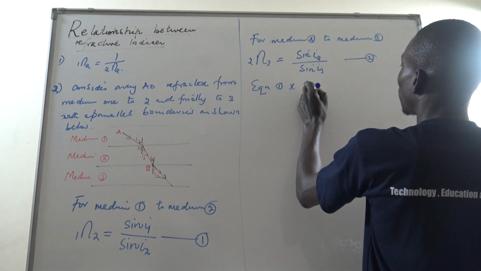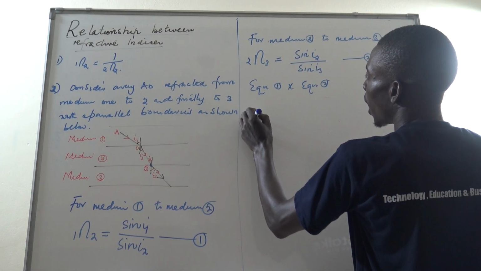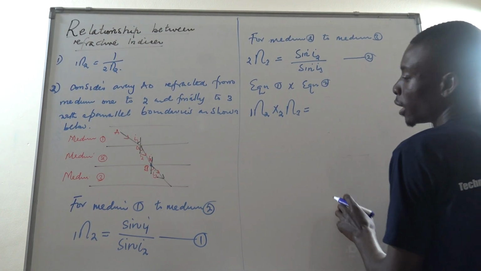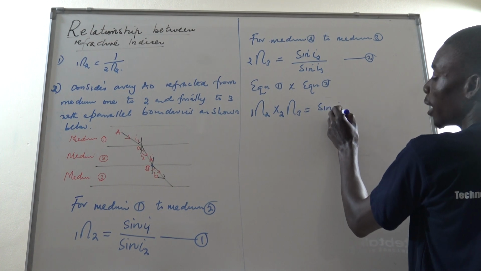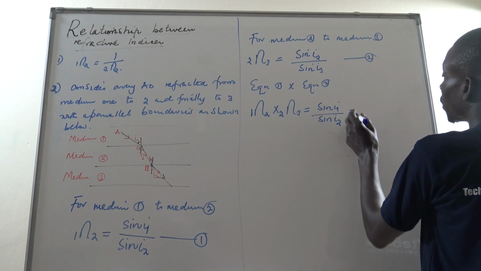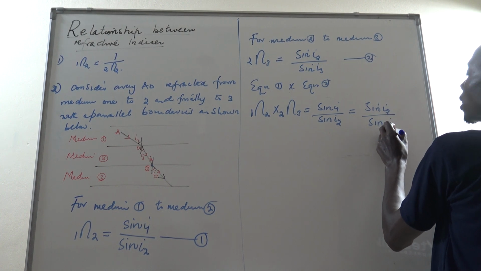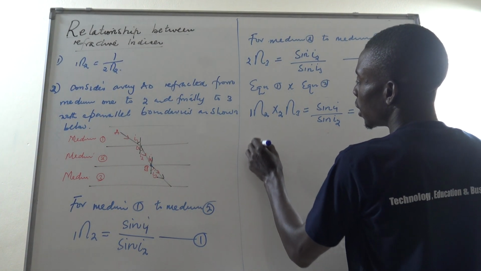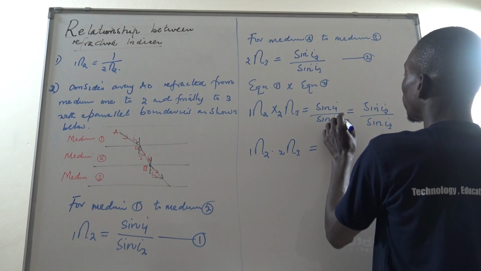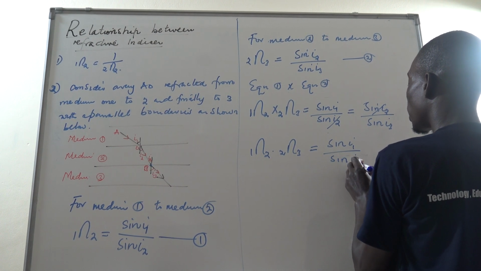So I will say equation 1 times equation 2. This will give me refractive index of 1 to 2 times 2 to 3 equal to sine I1 over sine I2, which is multiplied by sine I2 divided by sine I3. You realize that the refractive index from 1 to 2 and then from 2 to 3 equals sine I1 over sine I3.